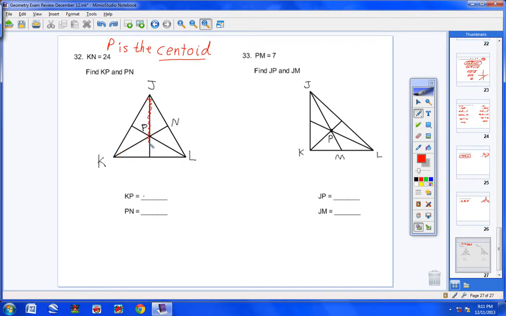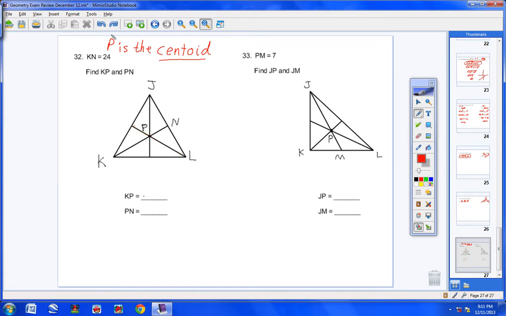This bigger segment from here to here will always be twice as big as the segment from here to here. Okay? And then on the other line, this longer segment right here will be twice as big as this segment here, and that's always true when this is the centroid right here.